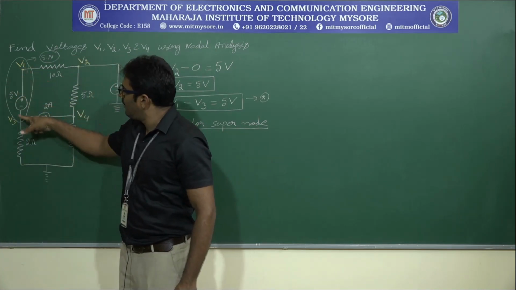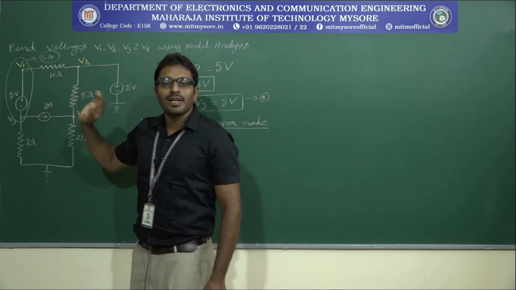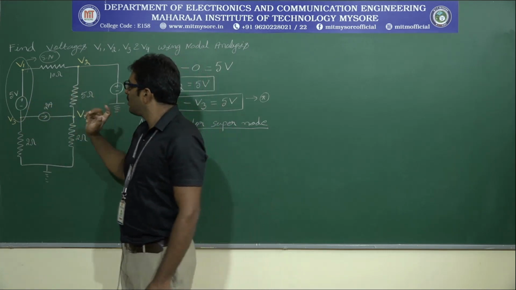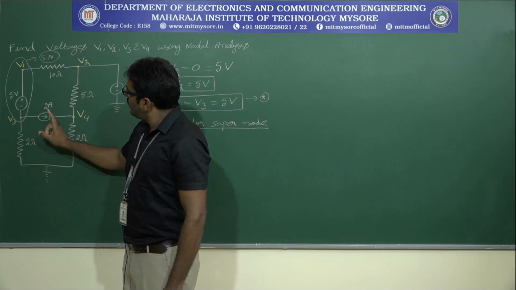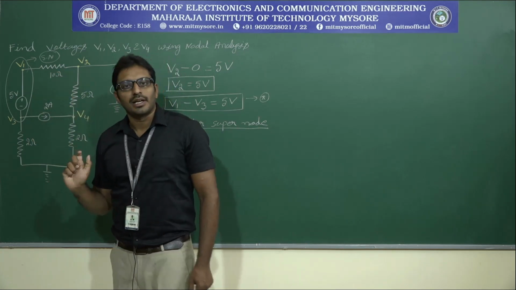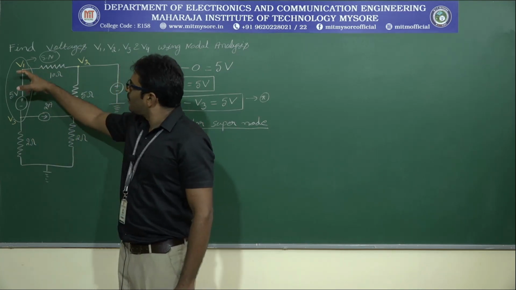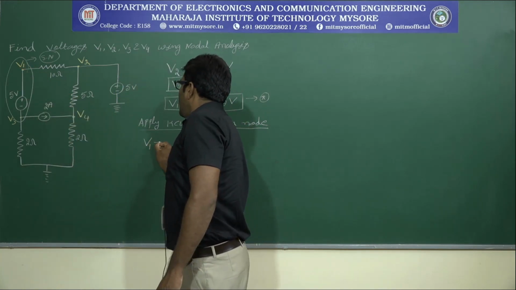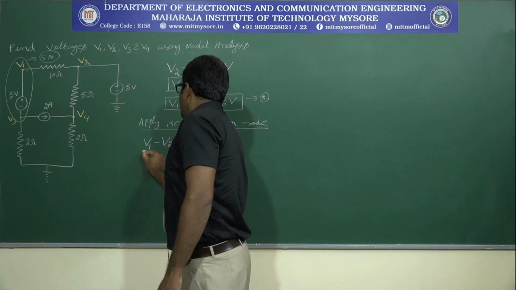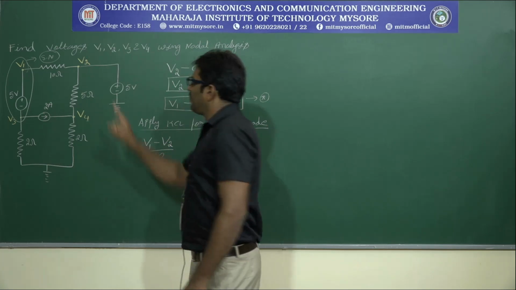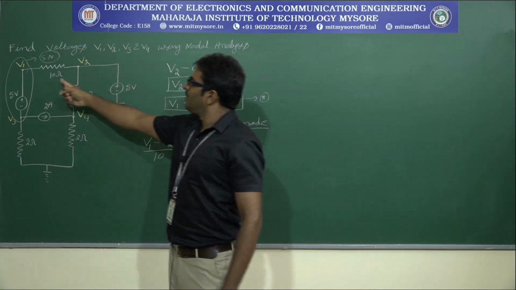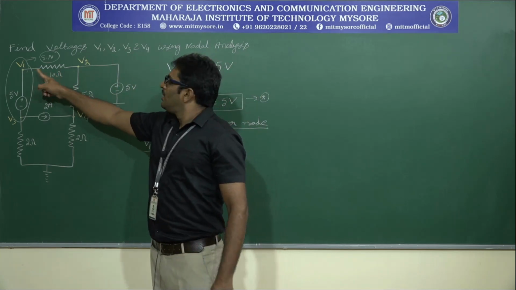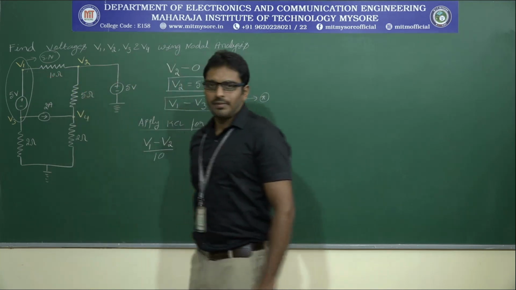By combining V1 and V3, totally how many branches are connected to the supernode? There are 1, 2, 3 branches connected to the supernode. Let me start from this point. Yes, V1 minus V2 divided by 10, that is nothing but the current through this branch.